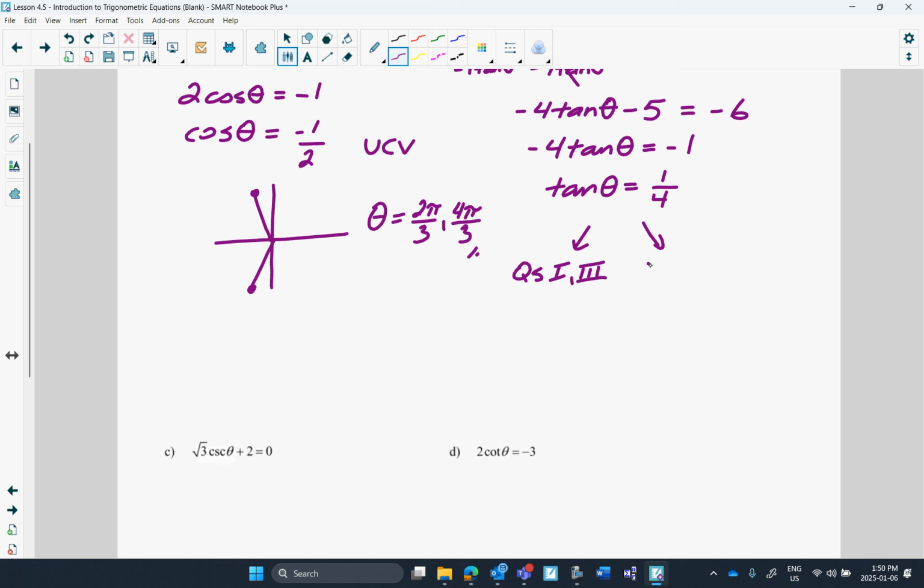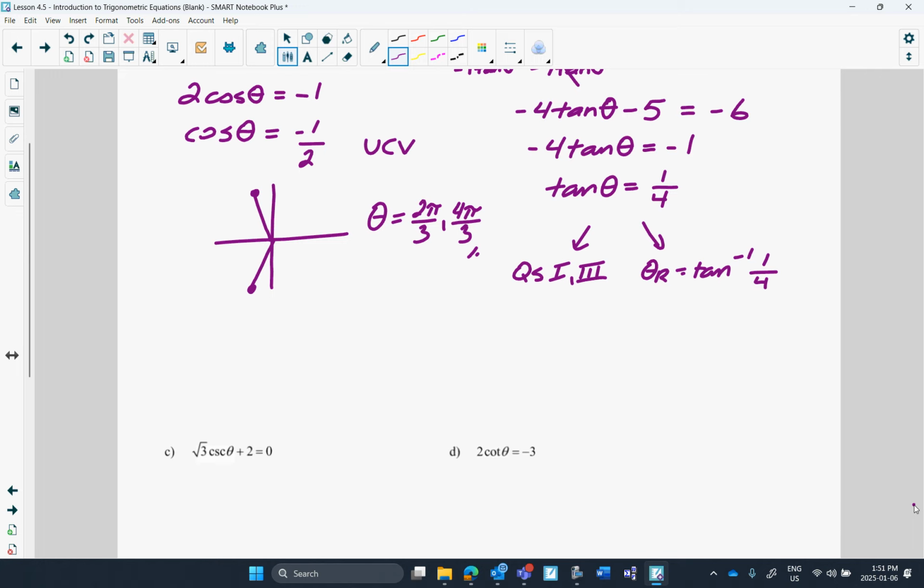And then I got to find the reference angle by doing the inverse trig. In this case, it's tan. The positive of whatever this is, it's already positive. And remember, we are asked in radians.